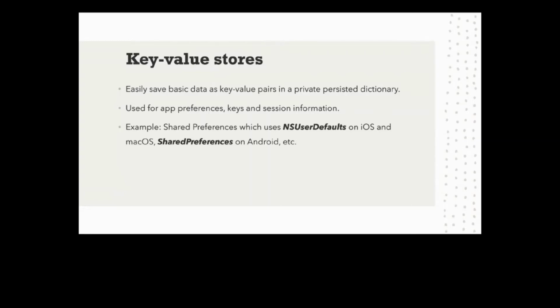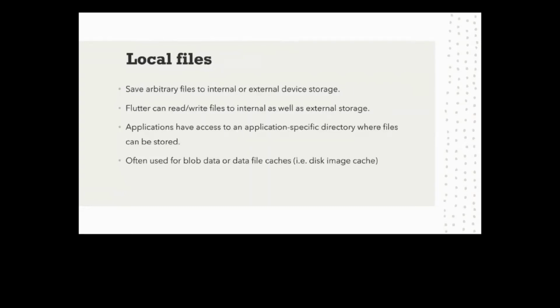In iOS, we have NSUserDefaults, and in Android, you have SharedPreferences. So the shared preferences library is just an abstraction of those two, and depending on which platform you're on, it will just use the default key-value store for that specific platform.